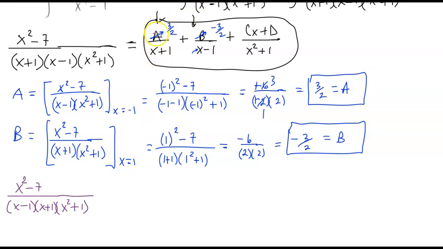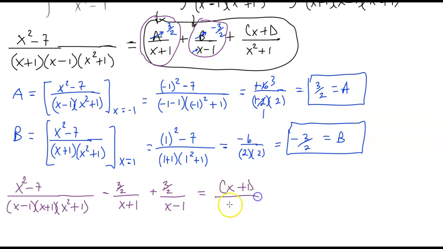And this term I'm going to have to subtract from both sides, so I'm going to have -3/2 over x plus 1. And this term I'm also going to have to subtract from both sides. Since that's already minus, when I subtract it, it's going to be a plus 3/2 over x minus 1. And all that is going to equal Cx plus D over x squared plus 1.